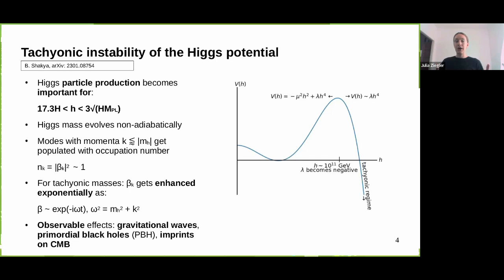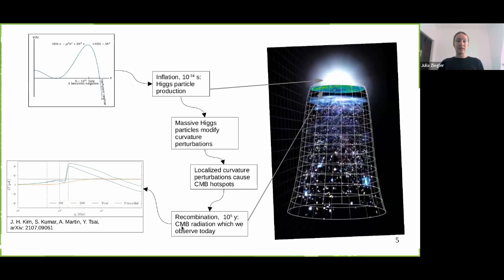And in this work, we want to concentrate on the last point, the imprints on the CMB. So how does this work? We have the tachyonic instability, and from this we get the Higgs particle production. And then massive particles can modify the curvature perturbations. And then local curvature perturbations in turn cause hotspots on the CMB, which we then could observe today.